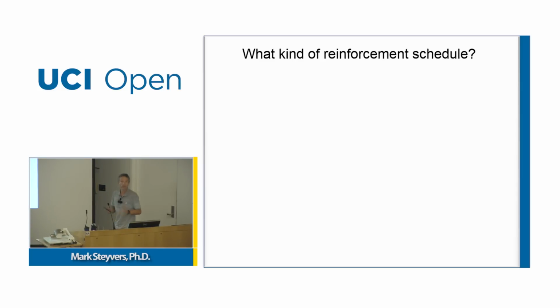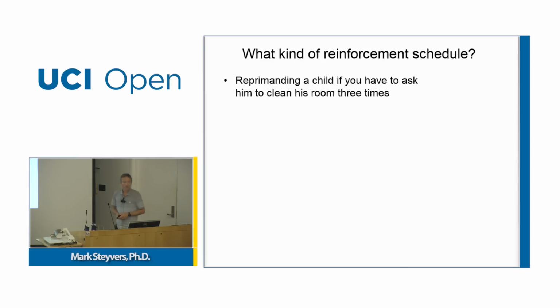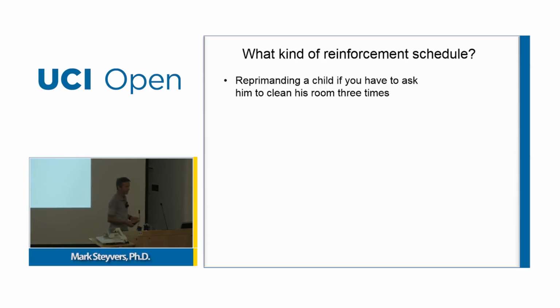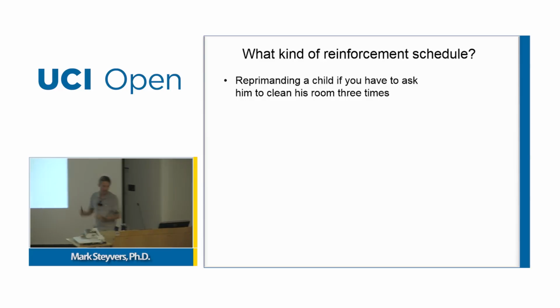Okay, so let's make things a bit more concrete. So let's give some examples. If you reprimand a child, if you have to ask your child to clean his room 3 times, I changed it. If you copy the old slides, I used the word spanking before, but you shouldn't spank your child, so change it to reprimand.